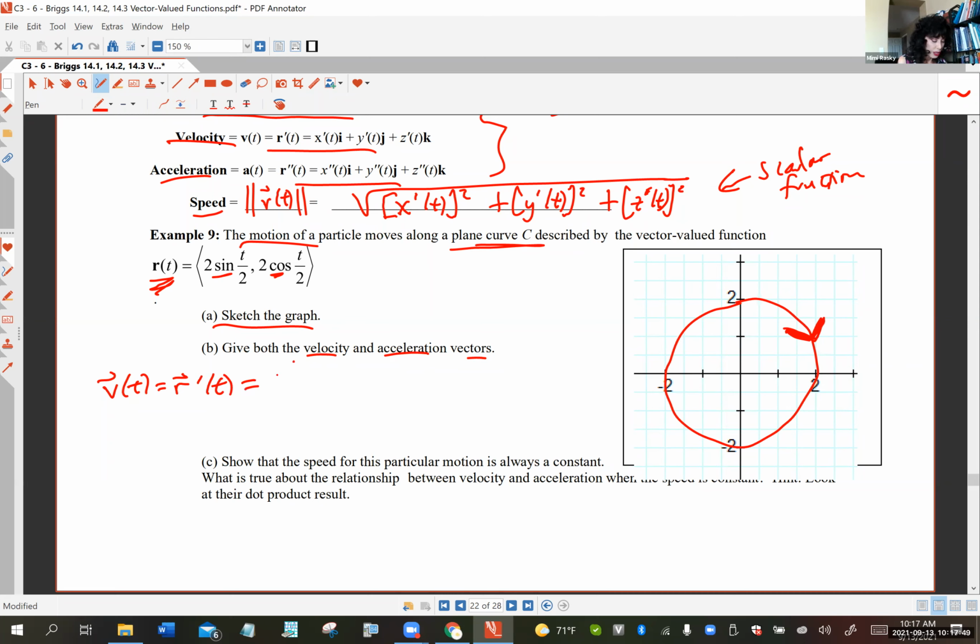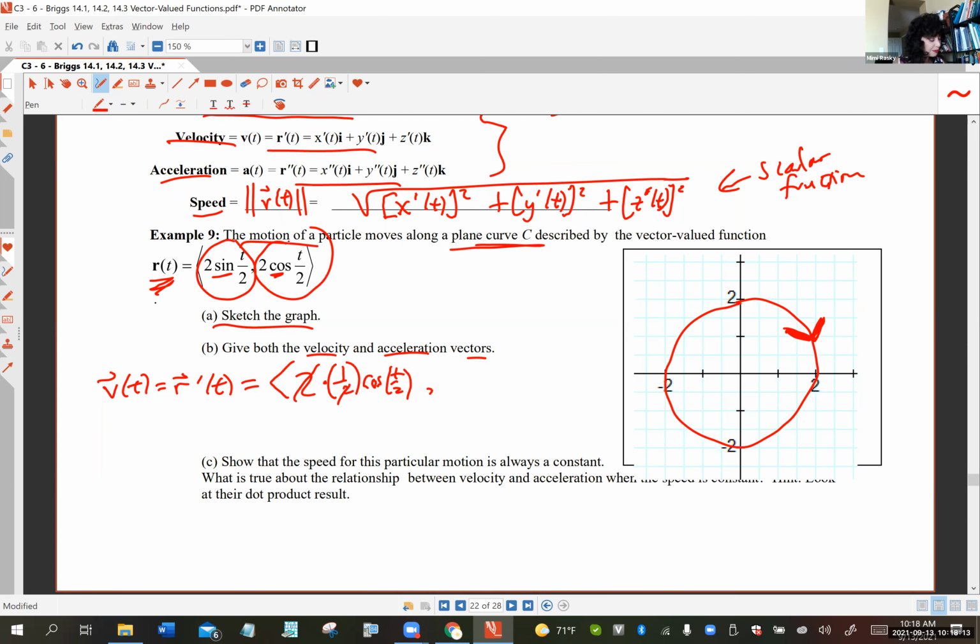We're going to start the brackets here because we're going to do component form. When I take the derivative of 2 sine of t over 2, 2 is a multiple, and the derivative of sine is cosine of t over 2. But using the chain rule, I have to multiply that by the derivative of t over 2, which is 1/2. So I can reduce this to lowest terms, so the 2's cancel.